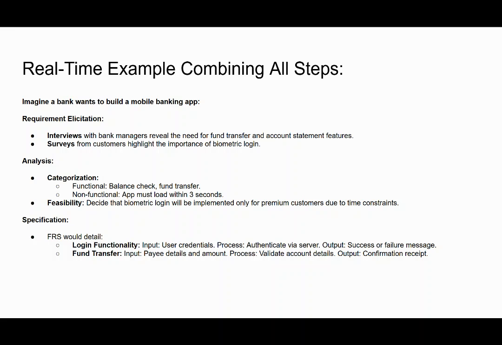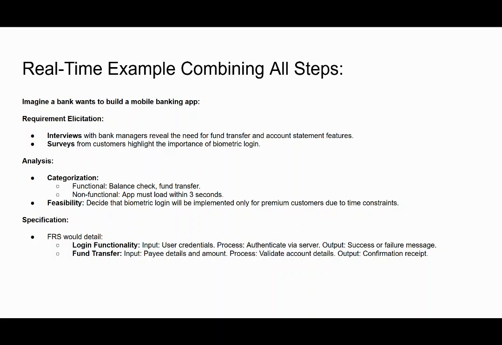In the requirement analysis phase, they categorize the functional and non-functional requirements and study feasibility. What are the functional requirements? Balance check and fund transfer. A non-functional requirement is that the app must load within 3 seconds.